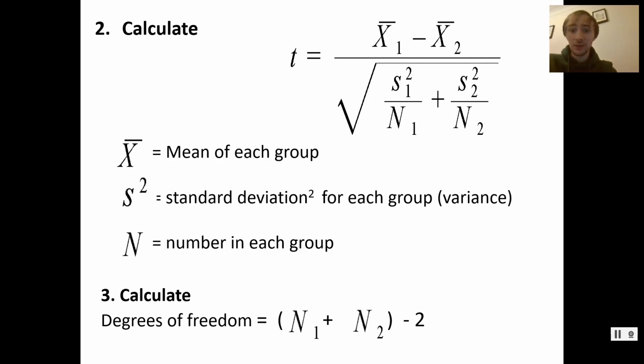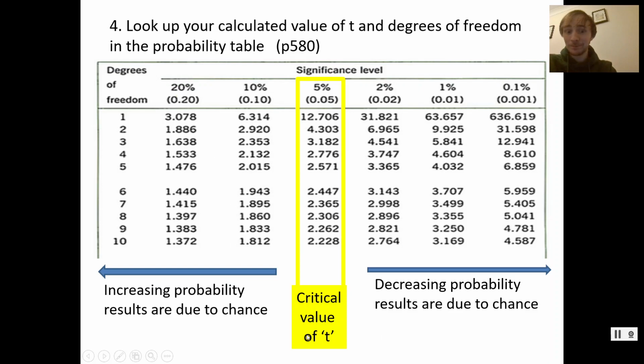And the way you do the test is using this thing. Now this is a t-table. Again, this is far more complicated looking than it really is. What we've got here is different levels of significance, basically different levels of certainty. And we are always looking to make it less than 5% likely that there is no difference, or that the difference is due to chance.